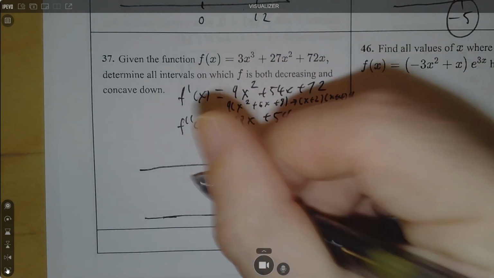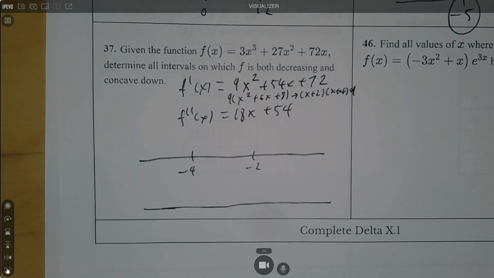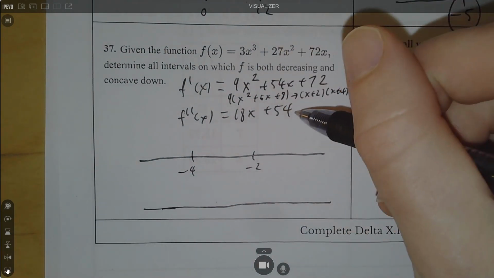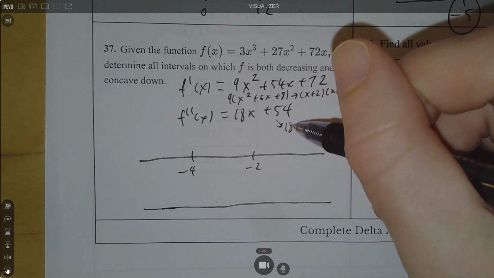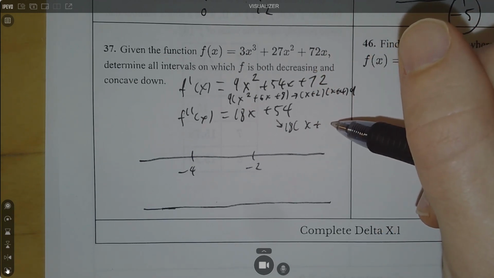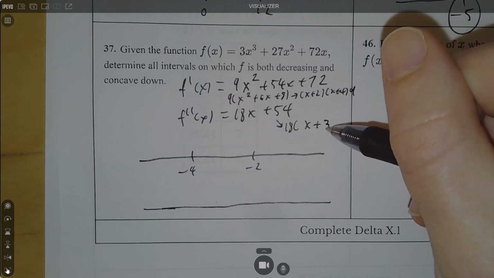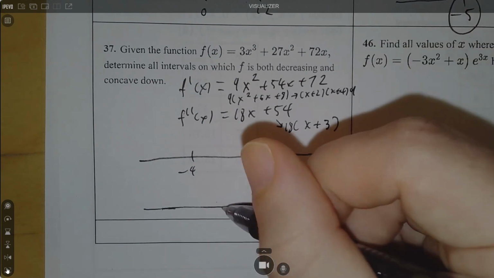And so -4 and -2 would be my solutions there. Here I can factor this out, 18 times x plus 3, and so my solution there would be -3.